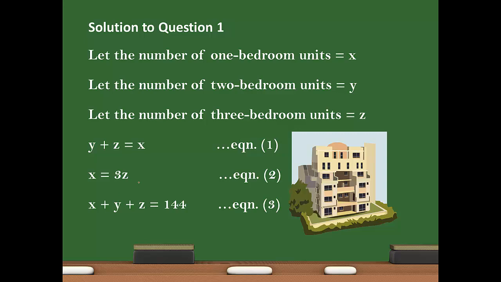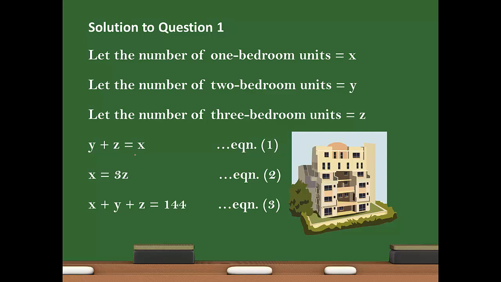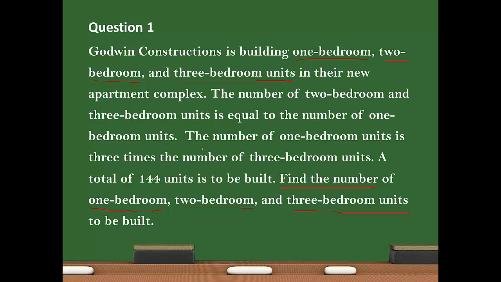Now we go to the next sentence here. It says the number of 2-bedroom and 3-bedroom units is equal to the number of 1-bedroom units. So that means that y plus z is equal to x. And it says here the number of 1-bedroom units is 3 times the number of 3-bedroom units.